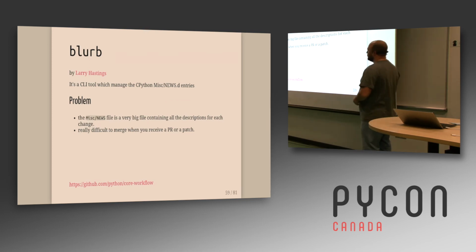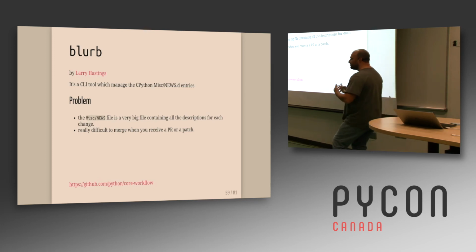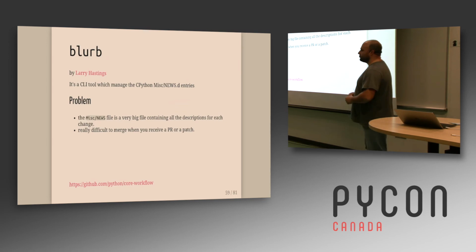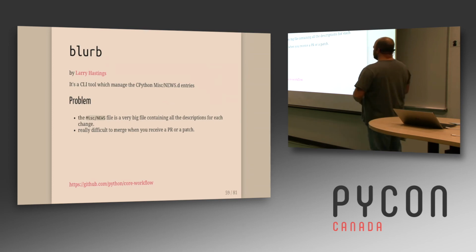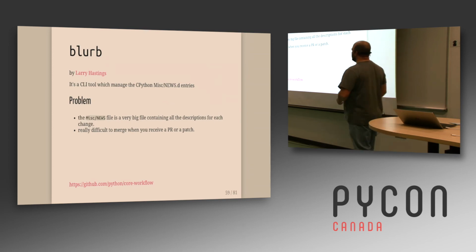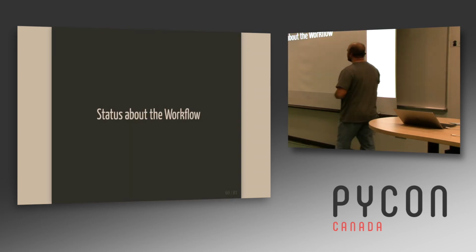Just create the file, and automatically the system will merge it when we release the new version of Python. It's not used by the core dev, except by NetDeli, the release manager of Python. Because it's a very small file, we can merge it. There's no problem with that.